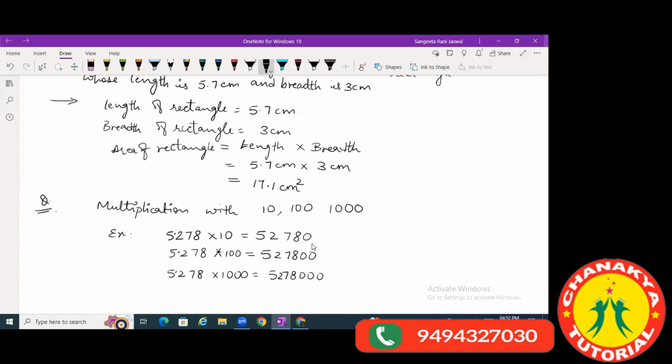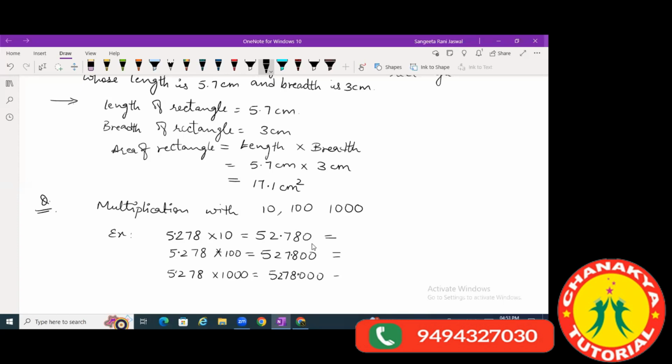So I will just move the decimal point from the ones place. Same way here also. After three decimal places, my decimal point will be here. Again here, after three decimal places, my point will be here. Okay, you get it? Yes, ma'am.